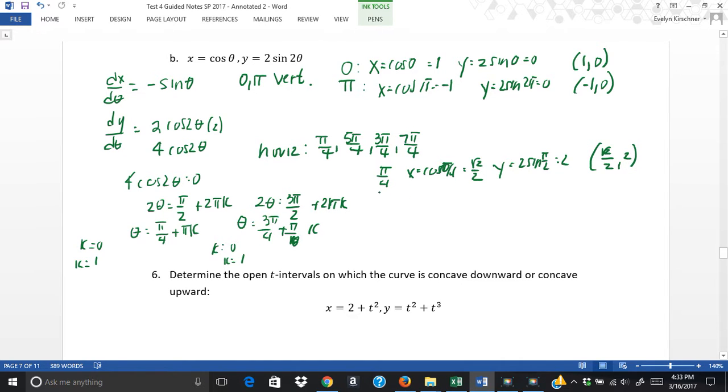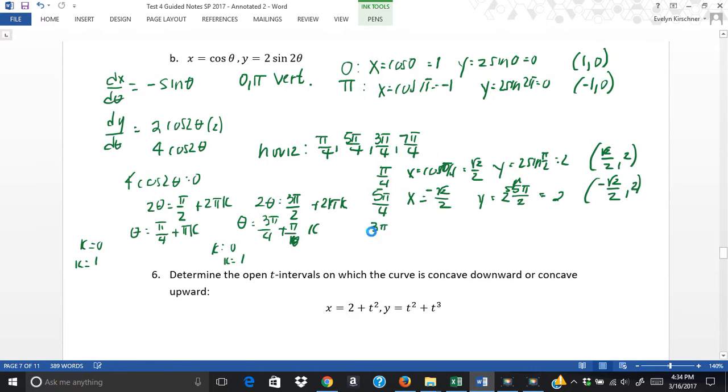At 5 pi over 4, x is going to equal cosine of 5 pi over 4, which is negative radical 2 over 2, and y is going to equal 2 times sine of 5 pi over 2, and that's going to equal 2, so I have negative radical 2 over 2, 2.